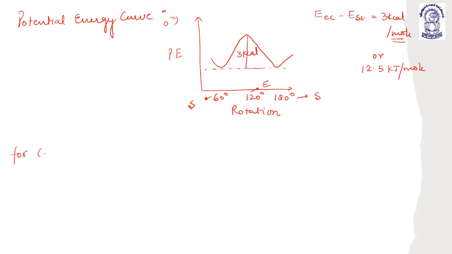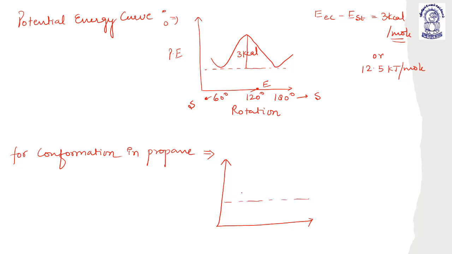For conformation of propane, this is 13.8 kilojoules. 60 degrees, 120 degrees, 180 degrees.